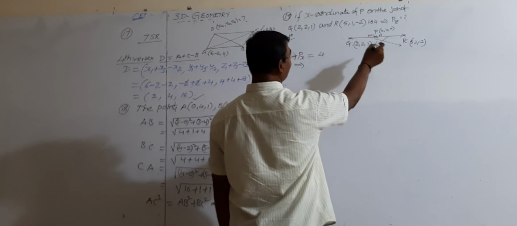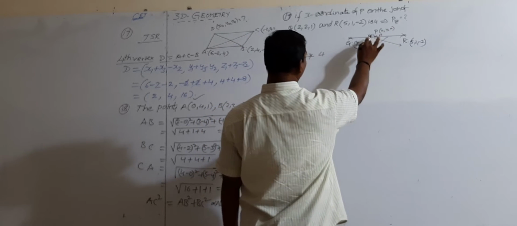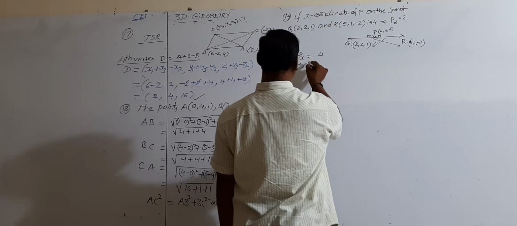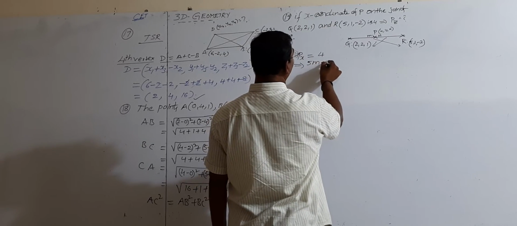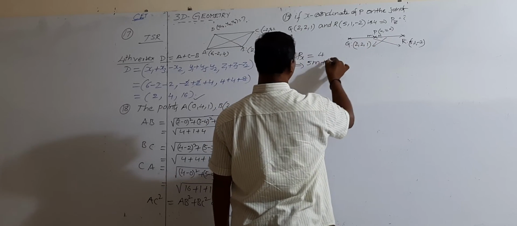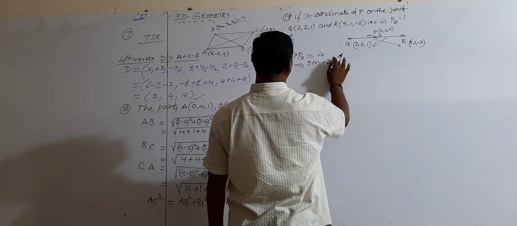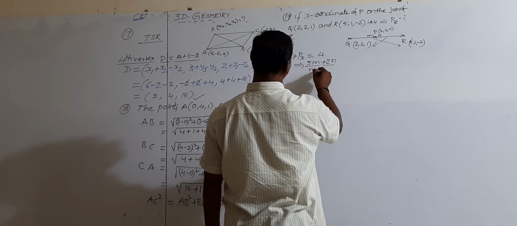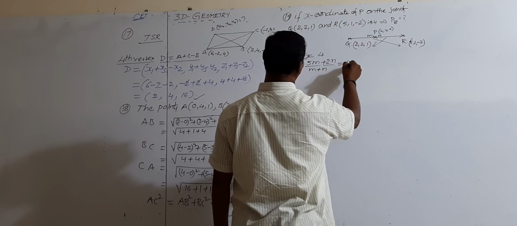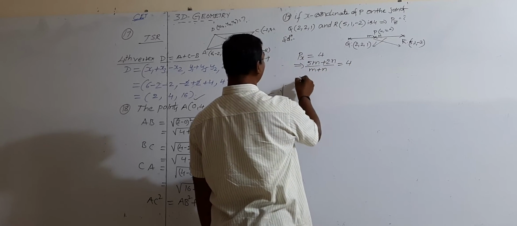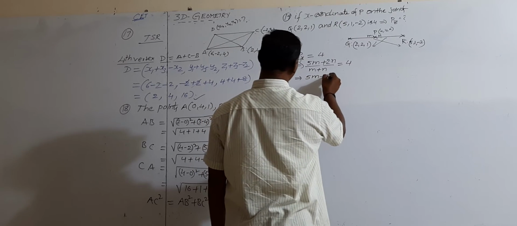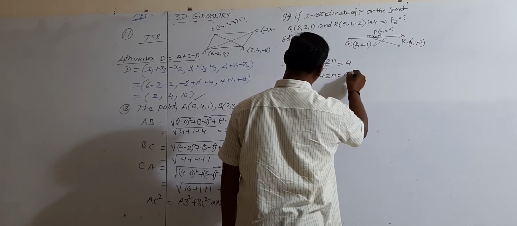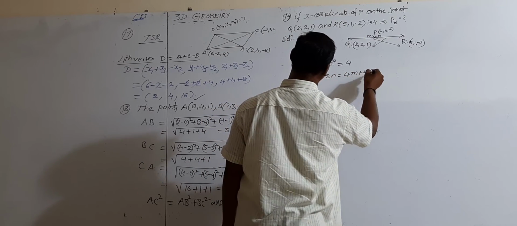Now using the section formula, internally I am taking generally 5 into m plus 2 into n divided by m plus n is equal to 4. Simplify this value. 5m plus 2n is equal to 4m plus 4n.